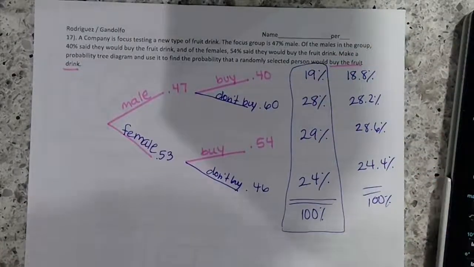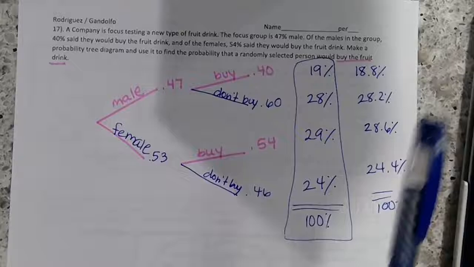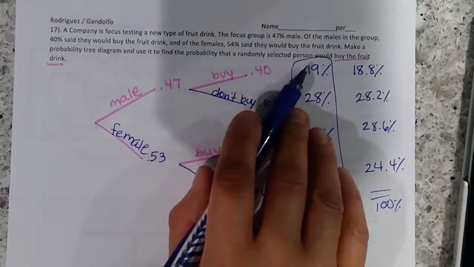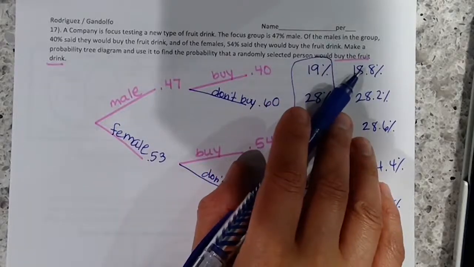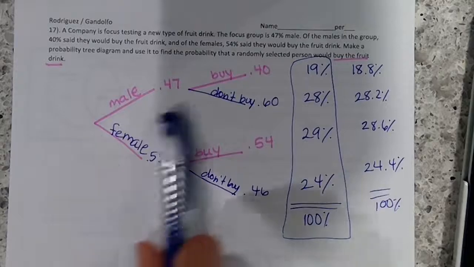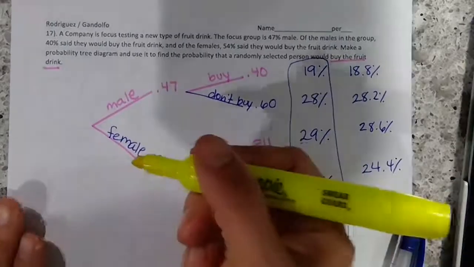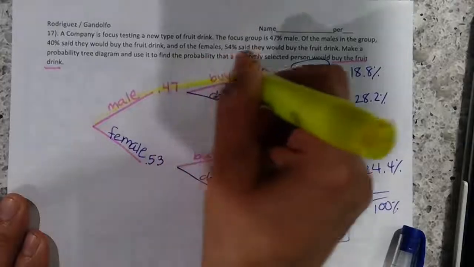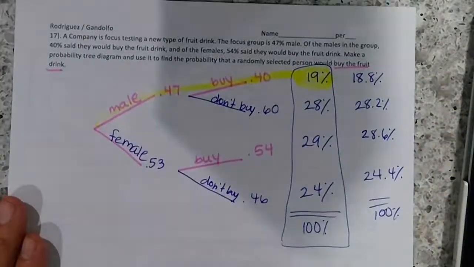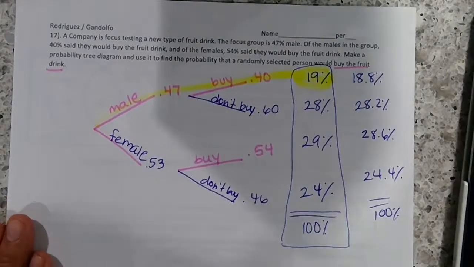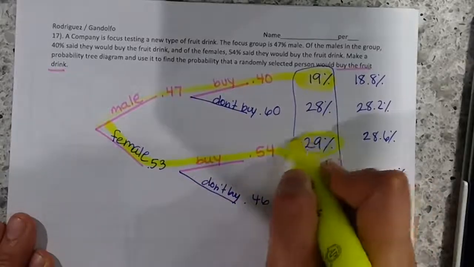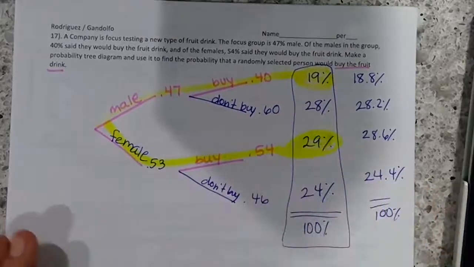Now, this is a really common question that's easy to get wrong. It says, find the probability that a randomly selected person would buy a fruit drink. Okay, well, you could be male and buy a fruit drink, 19%, or you could be female and buy a fruit drink, 29%.